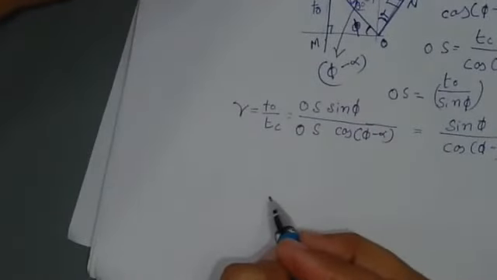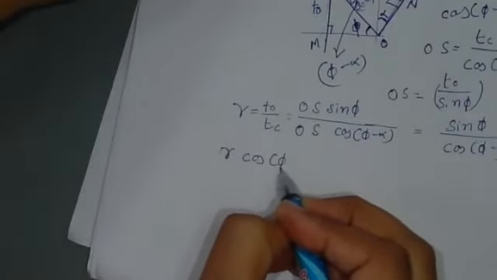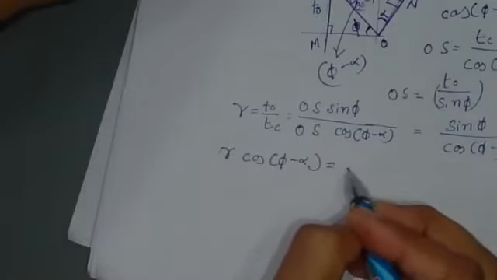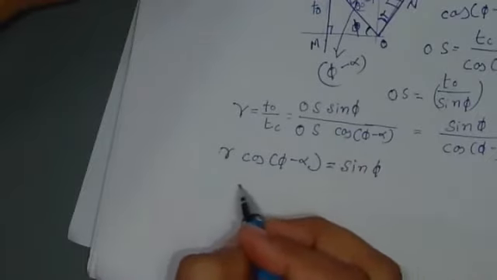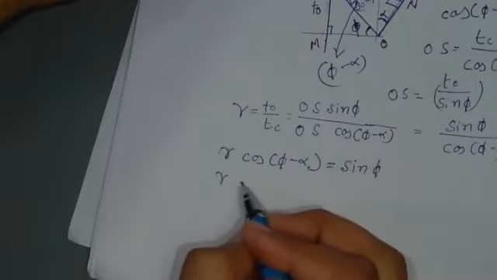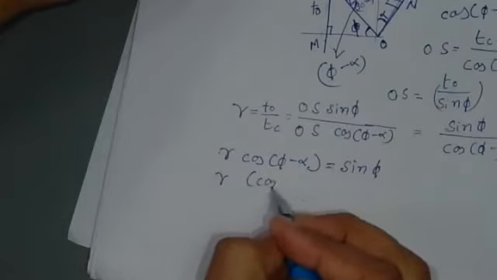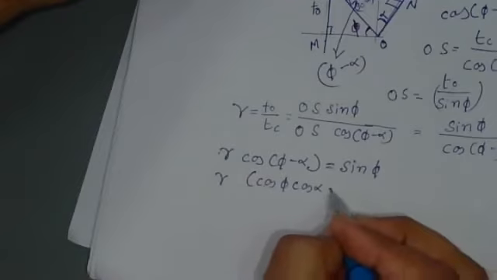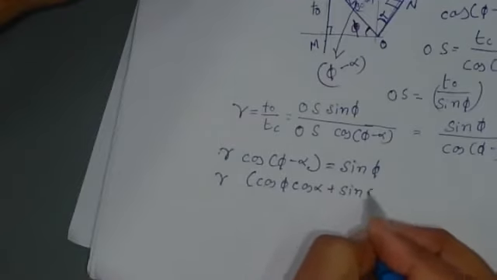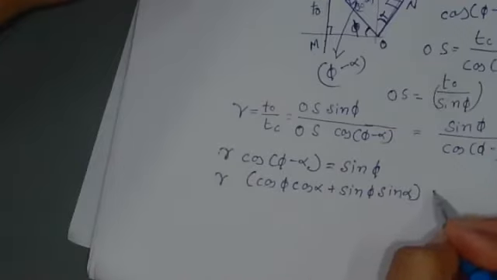So we can write r cos(phi minus alpha) is equal to sine phi. Cos(A minus B) simply means cos A cos B plus sine A sine B. So I'm just writing r times cos phi cos alpha plus sine phi sine alpha, that is equal to sine phi.